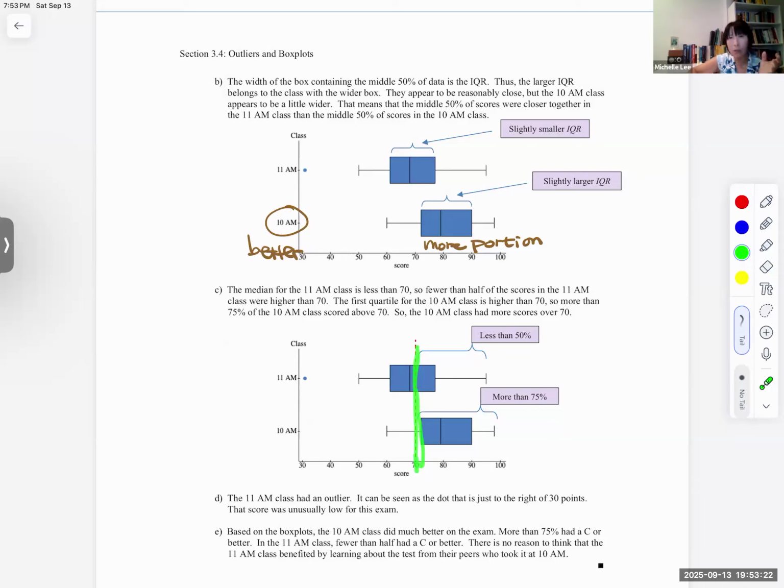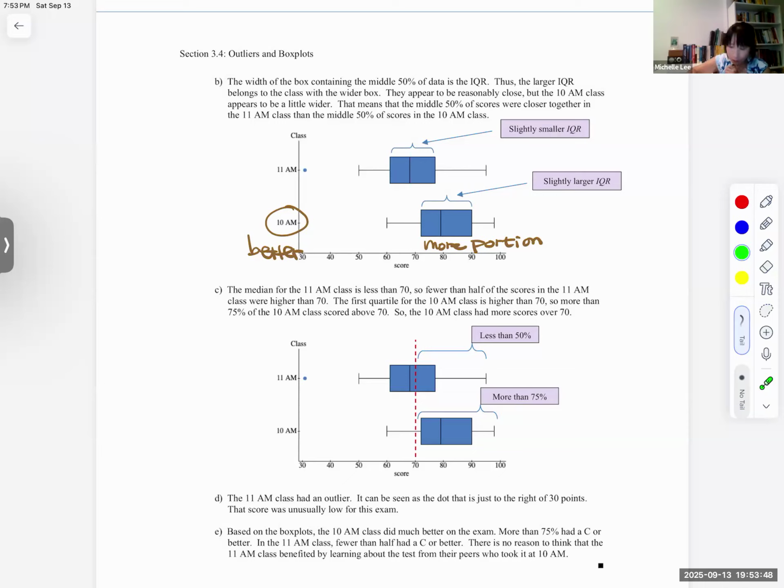Okay, now each section has 25% in a box plot, right? So from the whisker to Q1 is 25%, Q1 to Q2, which is the median, is 25%, Q2 to Q3 is 25%, Q3 to the other whisker, the maximum, is 25%, right?